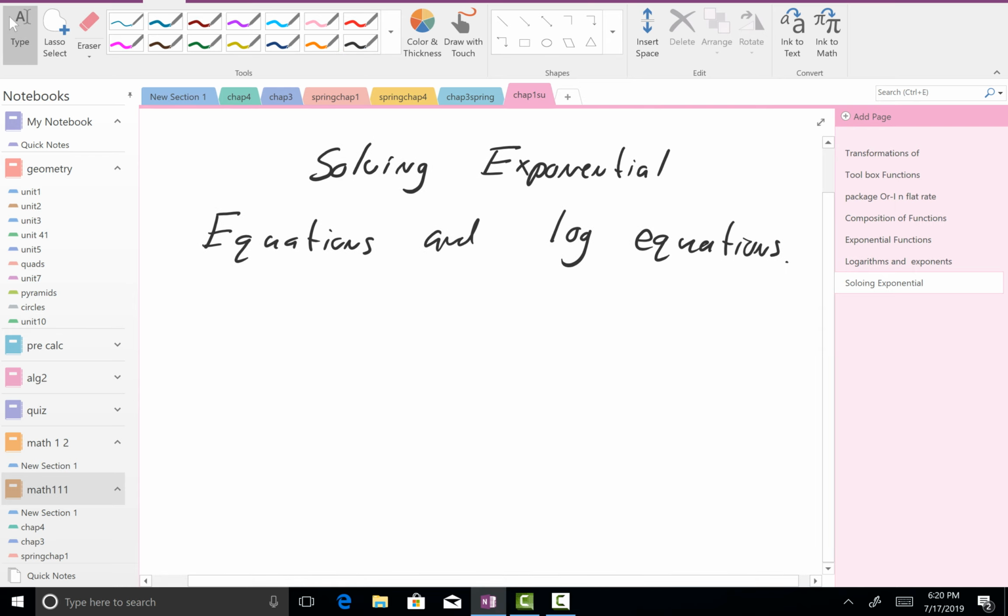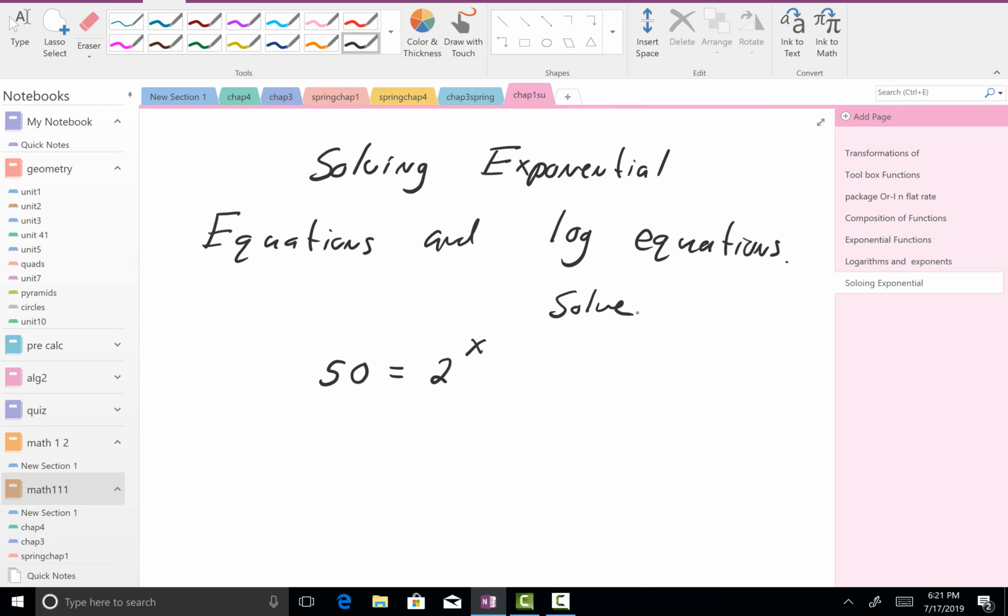All right, so let's just say that we have a simple little exponential equation like that. Now you can use a definition to rewrite it as a logarithm. You know, I've said that.